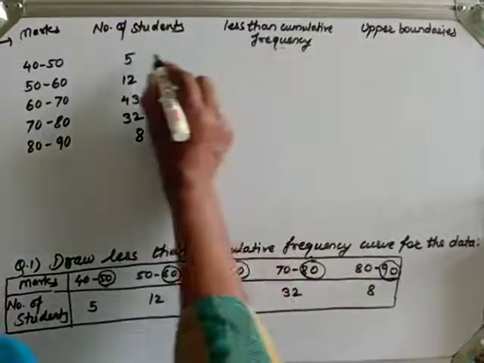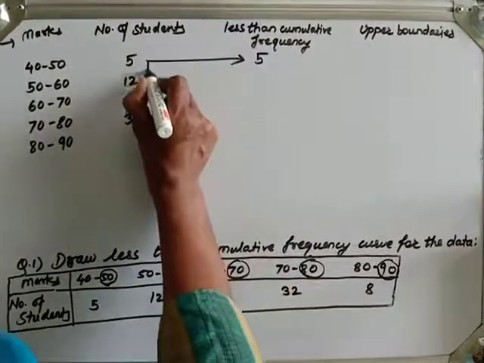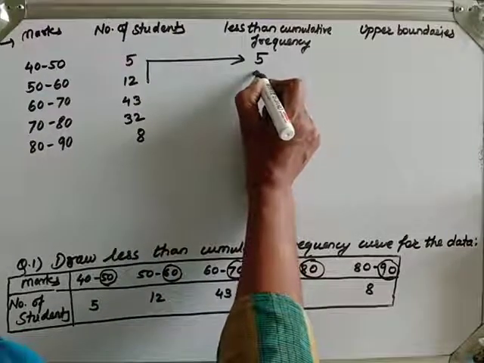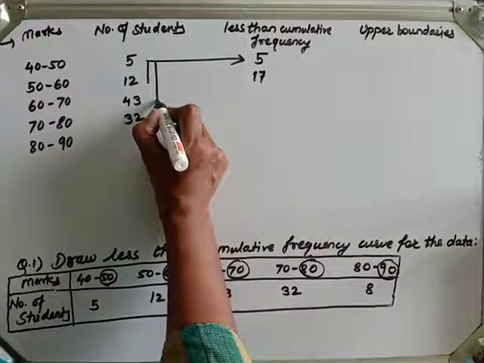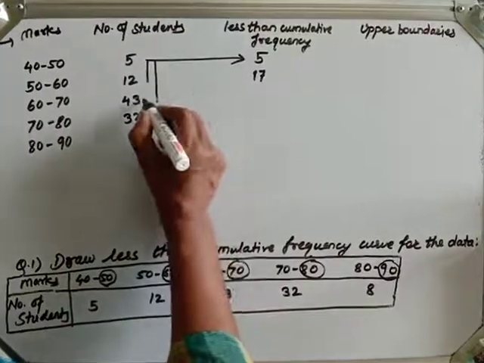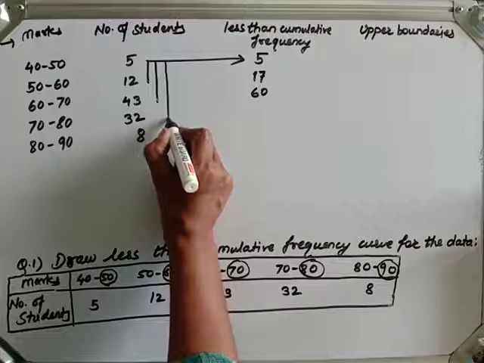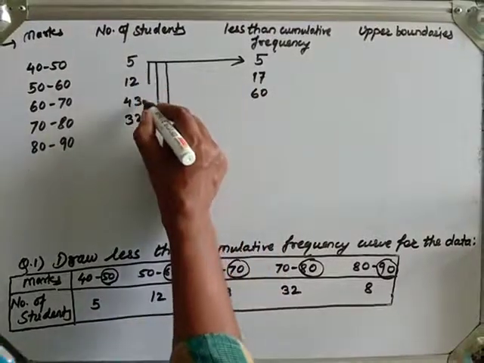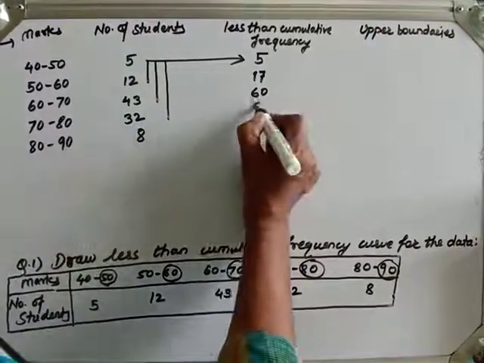Now less than cumulative frequency: the first class has cumulative frequency 5. For the next, adding these two, 5 plus 12 is 17. Then 5 plus 12 plus 43, that is 17 plus 43, so it is 60. Then adding the fourth, 60 plus 32, so it is 92.